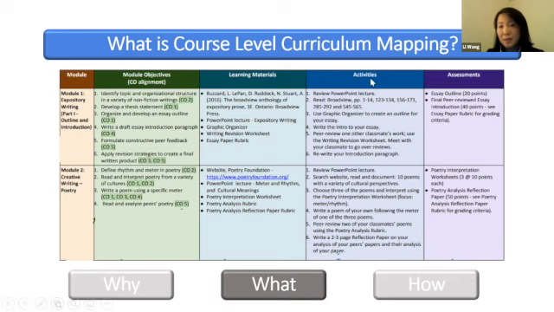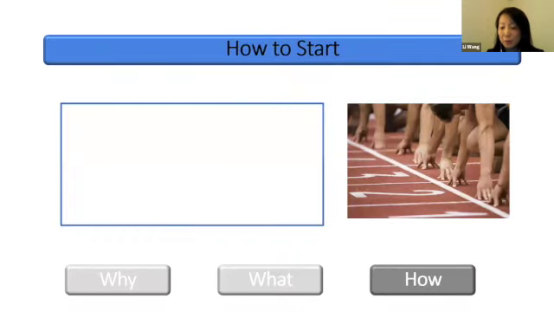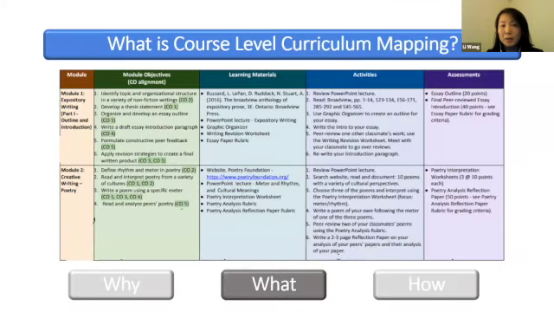Then you have activities in the fourth column, and the purple column has the assessments. You have everything laid out for you. So why do we need that? It tells you how your course components are related to each other and how they support objectives.